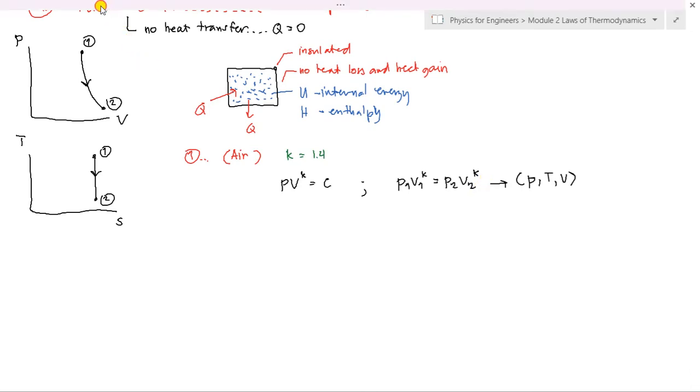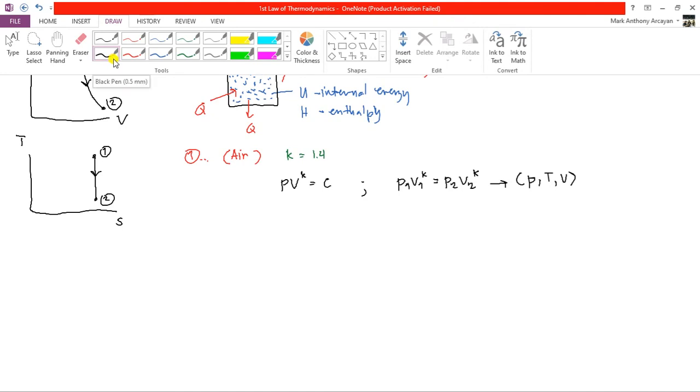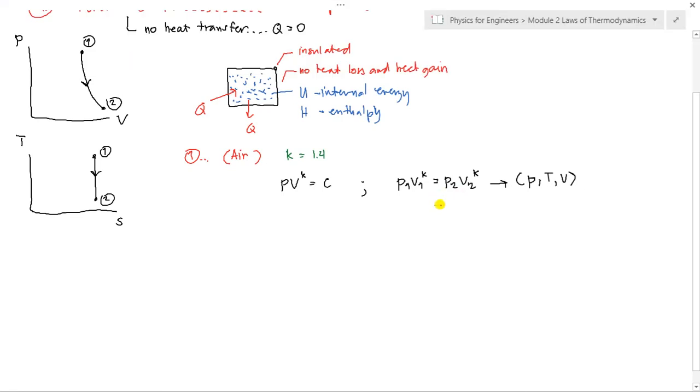This is for air, and air is a gas. For pressure and temperature, we all know this from the ideal gas law, PV is equal to MRT.